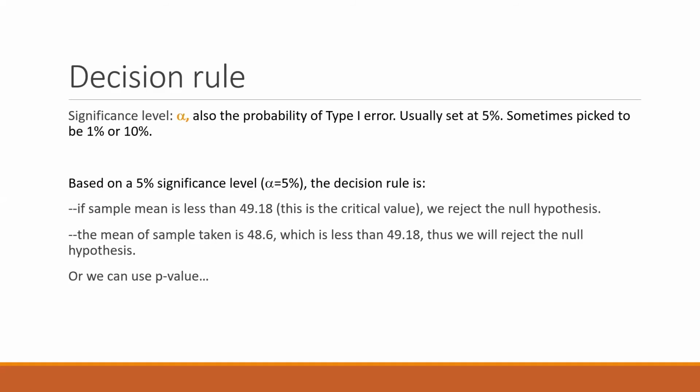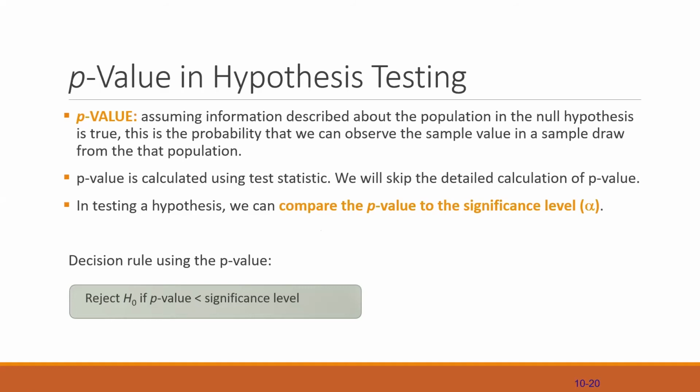But again, as I said, I want to move to p-value and focus on p-value right now. So what is the p-value? Well, p-value, I have to warn you at the beginning, is kind of difficult to understand at the beginning. But once you get used to it, you will love it.